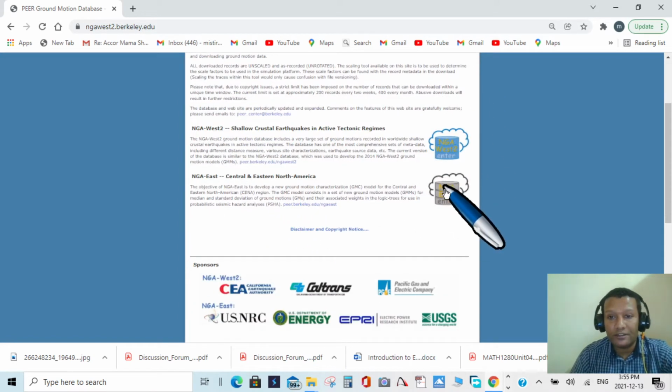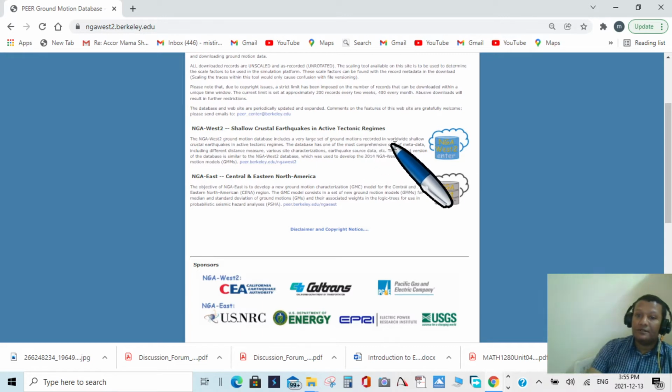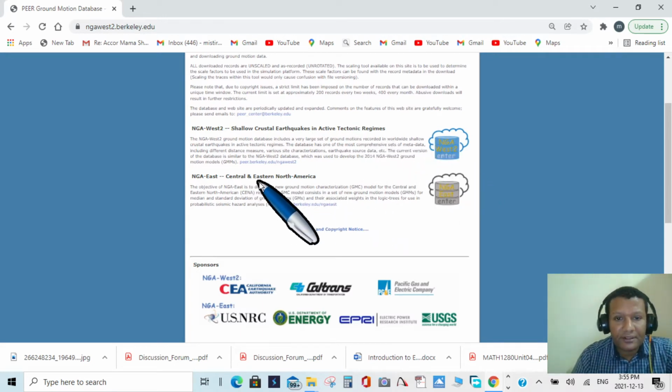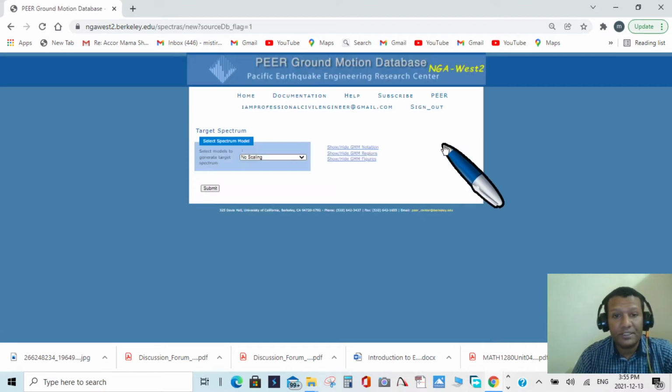And we have two databases here. This is NGA-West2, for shallow crustal earthquakes in active tectonic regions, and this one is for Central and Eastern North America, but mostly this is the one we need. This is a site.